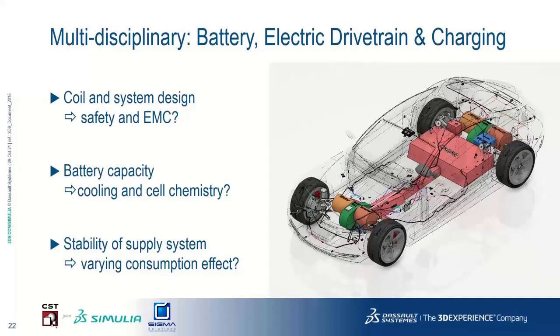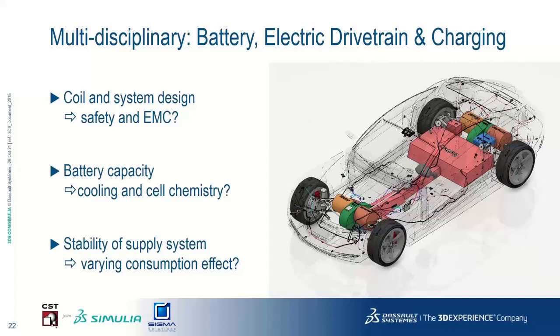Okay, we can also look at multidisciplinary analysis or applications. For example, if we look at coil and system design, again, there's some safety questions and compliance questions that we need to look at. We look at the battery again, where you would need to look into cooling, the cell chemistry, and the supply system. Is it stable?